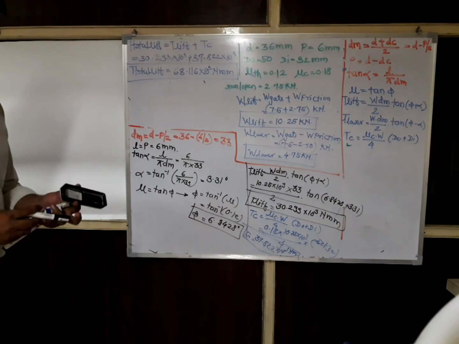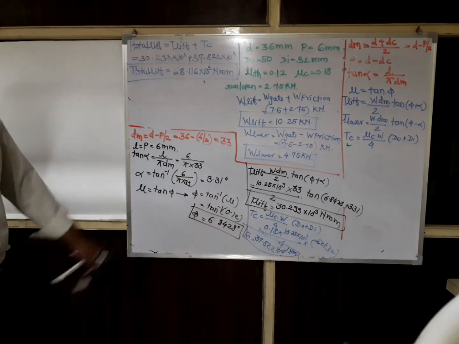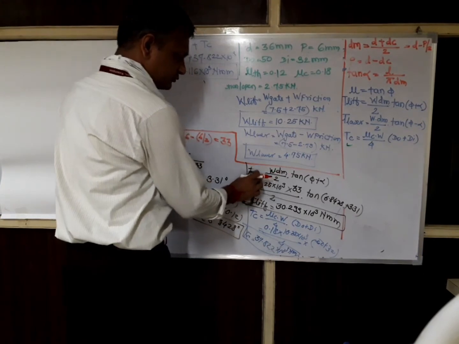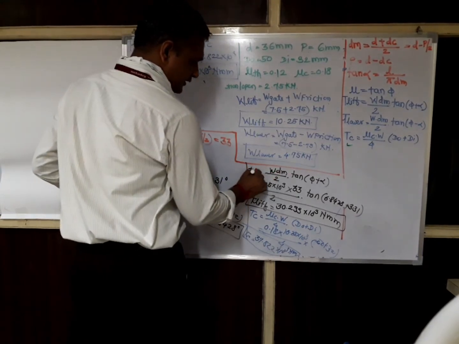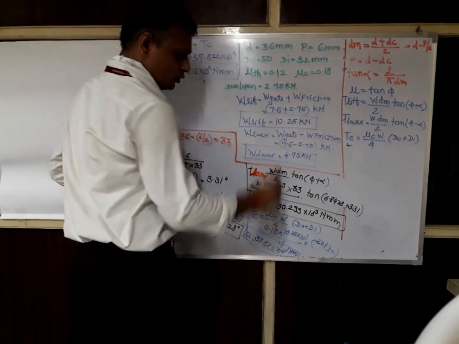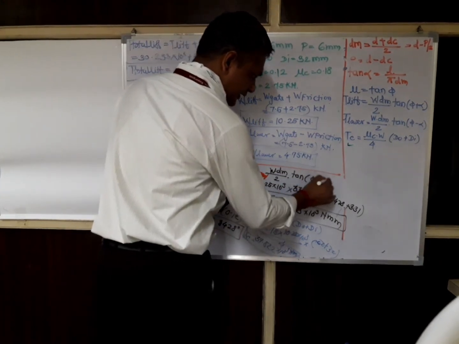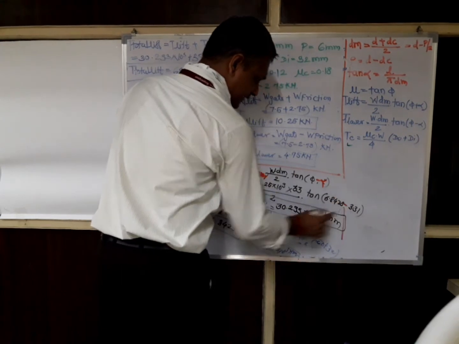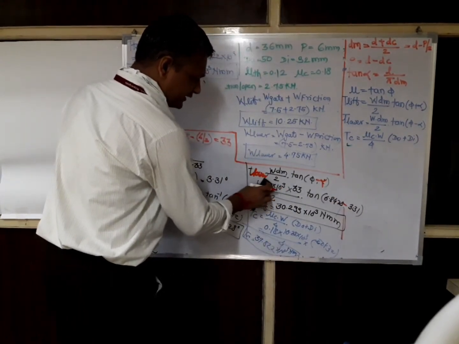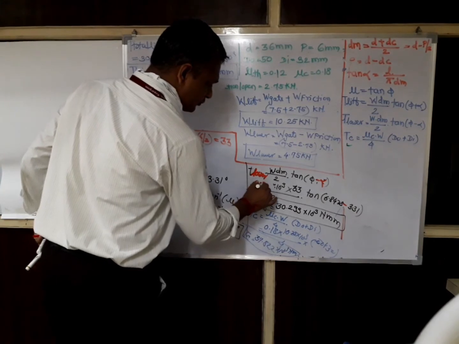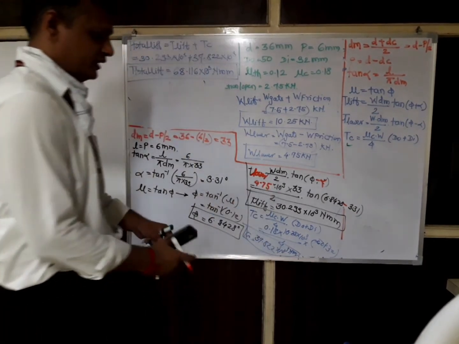Then the second one, we want to evaluate the torque required to lower the load. The torque required to lower the load, this will become negative. Tan alpha minus, this will become negative. Only this value will get changed because the load for lowering is 4.75 kilonewton.